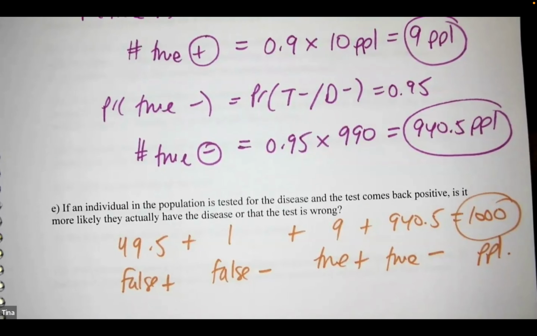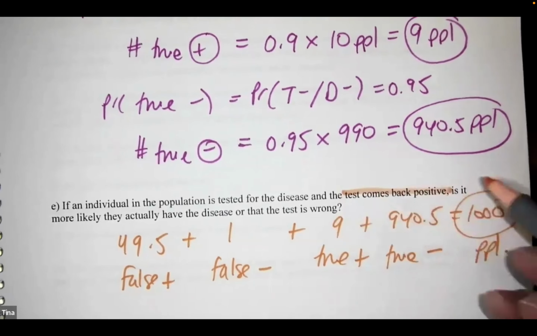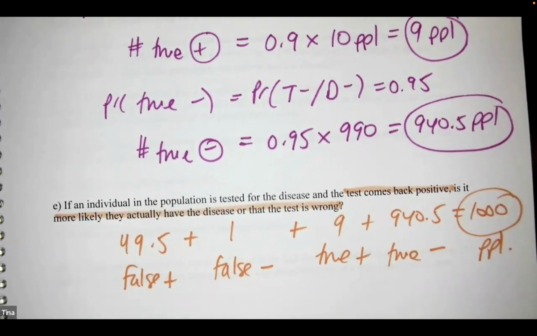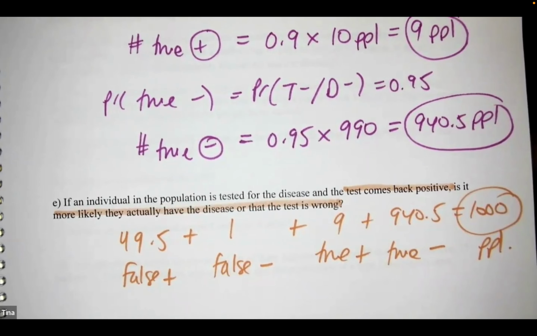Now, the last part asks them something similar to this. If an individual in the population is tested for the disease, and the test comes back positive, is it more likely they actually have the disease or that the test is wrong? Okay, think logically about that. Is it more likely that they actually have it or that the test screwed up? Any ideas? Based on our numbers in B, C, D?